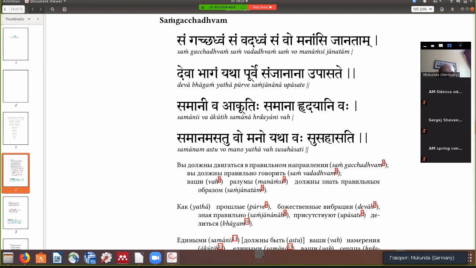Then we have the samana hridayani vaha. Here, maybe from the script you can see, did we have any other H? We didn't, but here you have the word hridaya, which is very close to the English heart or the German Herz. So you have a vocalic R, and that is the small curl here in the middle.